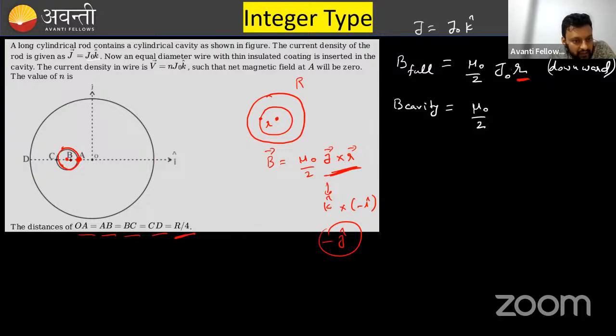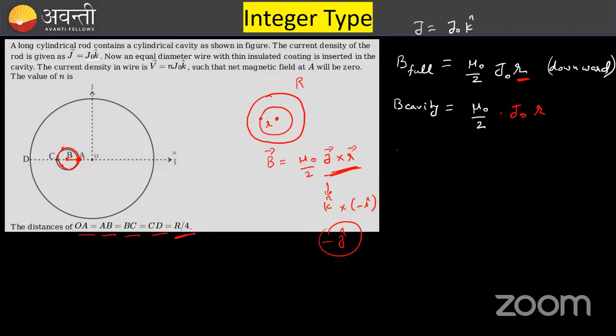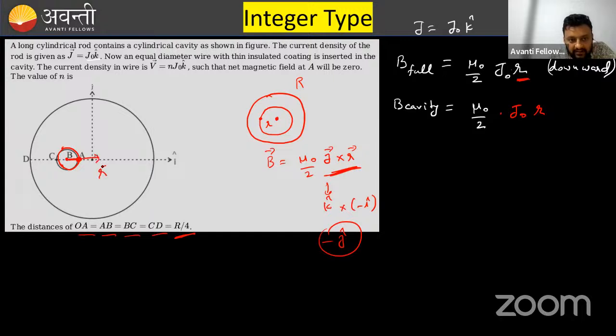So what will be the field? Again, the formula is mu naught by 2 into J naught, and R is again the same. Now again tell me the direction. Think again. This time position vector R is in the right direction and current density J is into the plane, minus K cap.